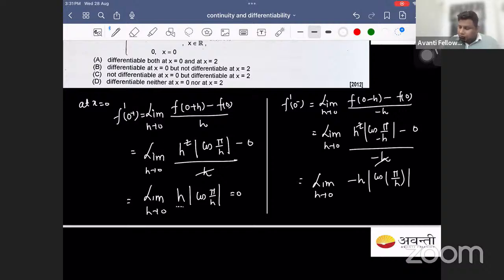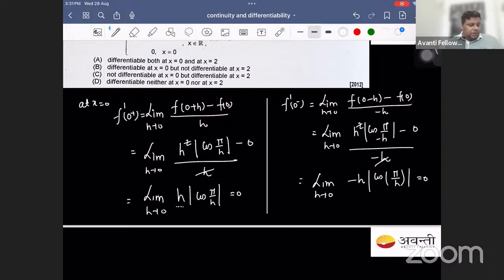This is also 0 because the cos of infinity lies somewhere between minus 1 and 1. Mod of this is between 0 and 1. Got it? So that means LHL and RHL at x equals 0 is 0. So this function is differentiable at x equals 0.